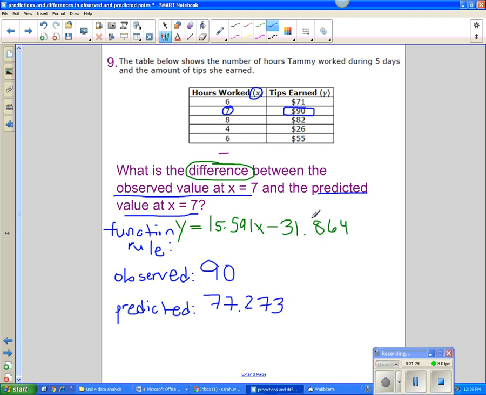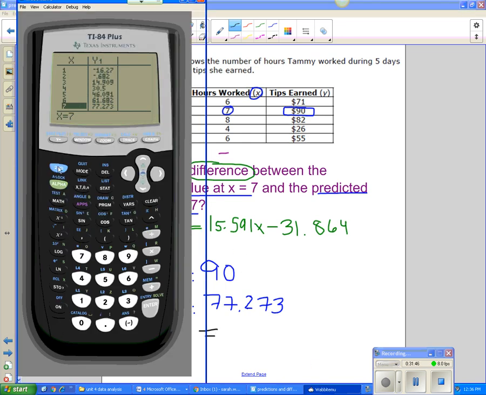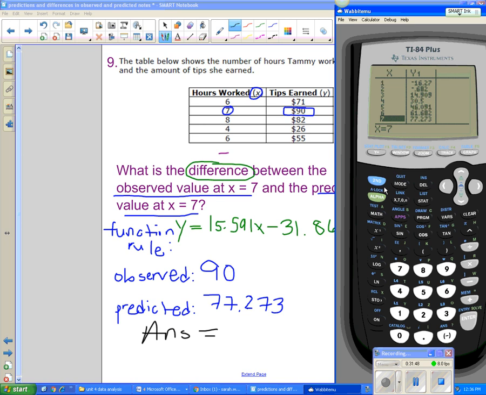All right, well, the last thing you have to do is the difference. You have to subtract the observed and the predicted. So your answer is going to be 90. So to go to the main screen, you hit second quit.